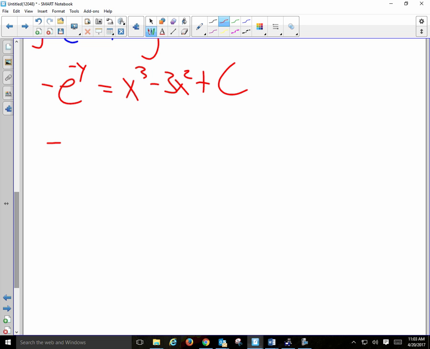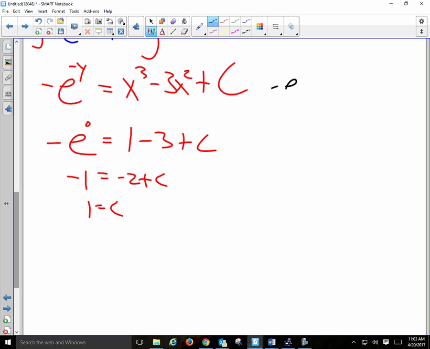So we have negative e to the 0 is equal to 1 minus 3 plus c. What is negative e to the 0? So I have c is 1. Therefore, I have this equation. Negative e to the negative y is equal to x cubed minus 3x squared plus 1.